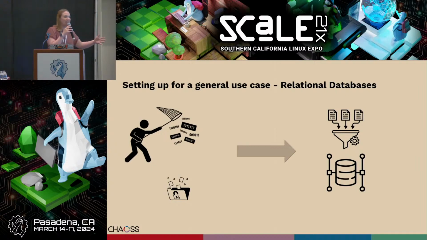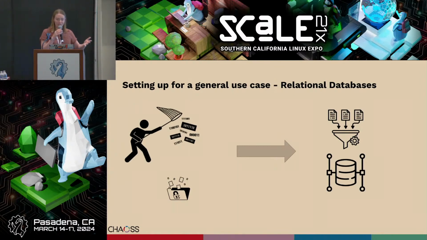If you're trying to look at that from a JSON file, trying to bring all of that information in and transform it into a similar format, that's something you have to do every single time, whereas having that relational format does that for you. And so whenever you're setting up your data collection for that general use case, you have all of the data in that specific case.